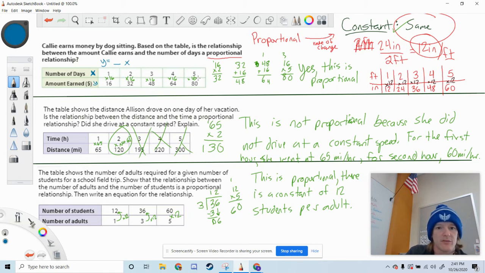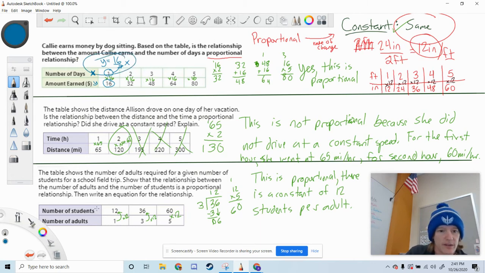Our constant on this one was 16. So let's see. Does 16 equal 16 times 1? So my x is now 1. Yes, it does. 16 equals 16 times 1. The next one, I'm going to do 16 times 2. Does that equal 32? Yes, it does. So here's an equation for this one.